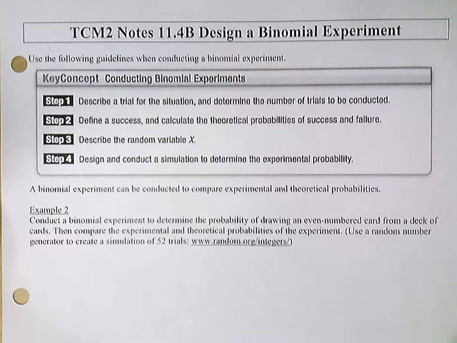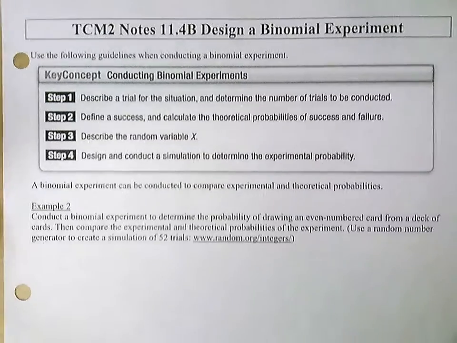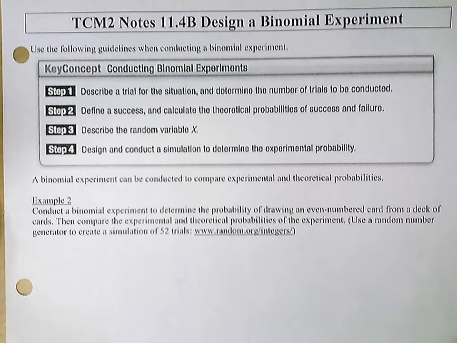So today we're going to design a binomial experiment. We're going to use the following guidelines when conducting these. We have 4 steps. First step is to describe a trial for the situation and determine the number of trials to be conducted. Step 2 is to define a success and calculate the theoretical probabilities of success and failure.